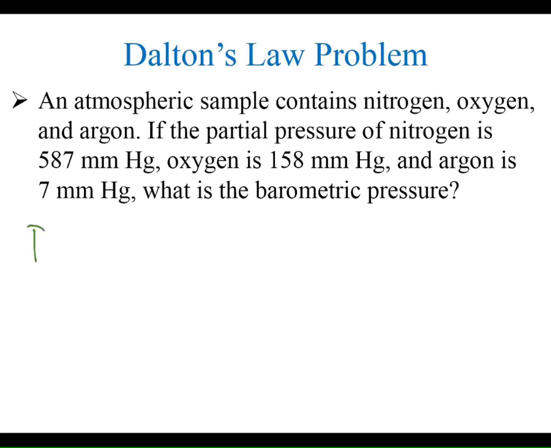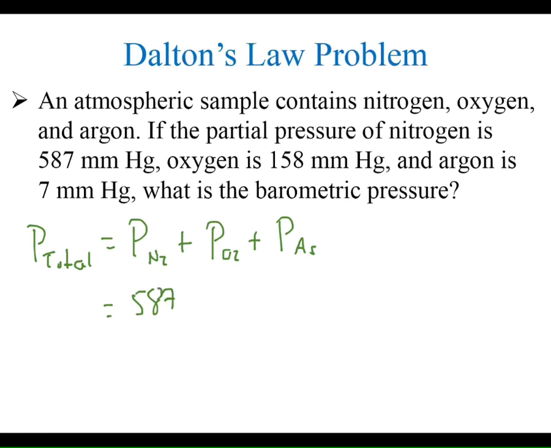So the total pressure is going to be the pressure of the nitrogen plus the pressure of the oxygen plus the pressure of the argon. So yes, we're just going to add them all up. 587 plus 158 plus 7. So what'd you get? 752. 752 millimeters of mercury. Yeah, that's pretty straightforward, right?